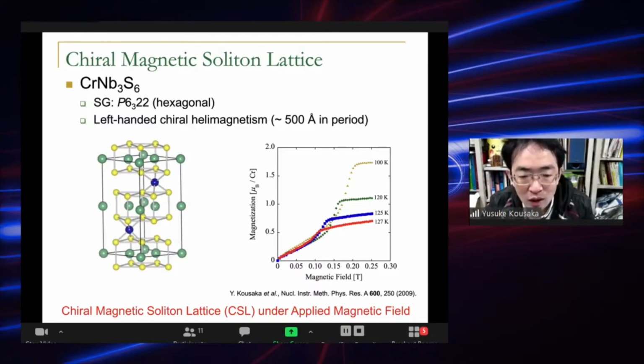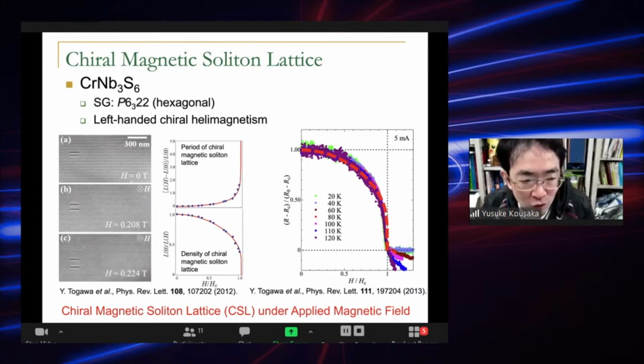It also shows a unique magnetization process described by the chiral magnetic soliton lattice based on the Sine-Gordon equation. Recently, this magnetic structure was proved by Lorentz microscopy. The left figure shows the result of the Lorentz microscopy.